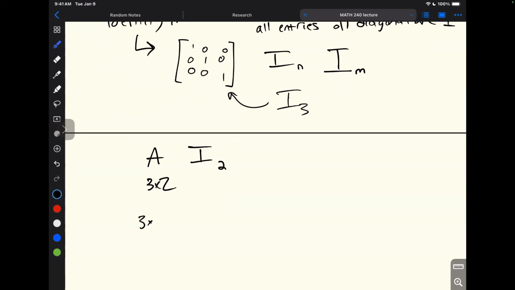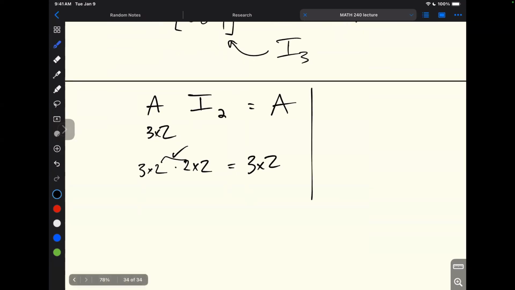And so 3 by 2 multiplied with 2 by 2, that's allowed. And that gives us a 3 by 2 matrix back. And I'll let you look at the book example, but trust me that the thing that we get back is A. So that's why it's the identity, because we multiply A times the identity and we get A back.